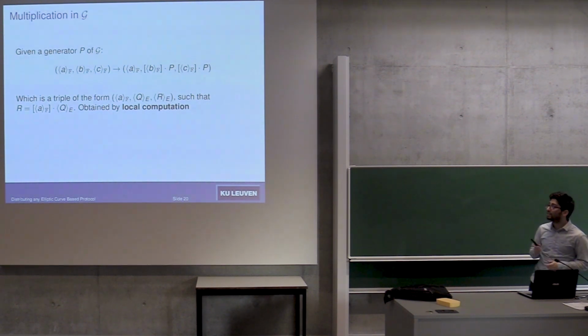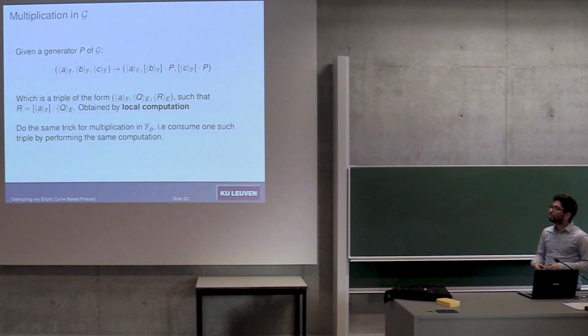If we multiply the second and third components by this generator, then at the end we will have a triple where the first and second components are random. The first component is a point over the field, and the second is a point over the elliptic curve. And the third component is the point multiplication between the first two. Notice that this transformation can be done locally, because multiplication with a public value is just a local computation.